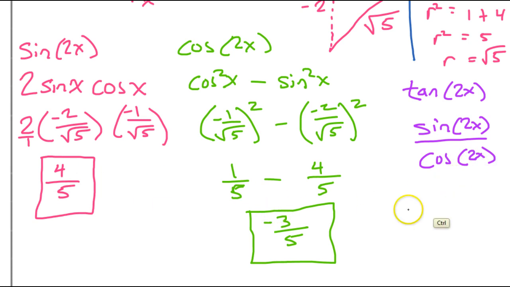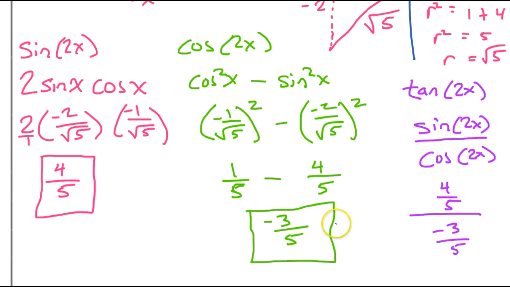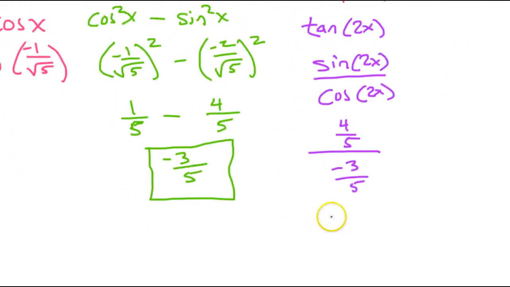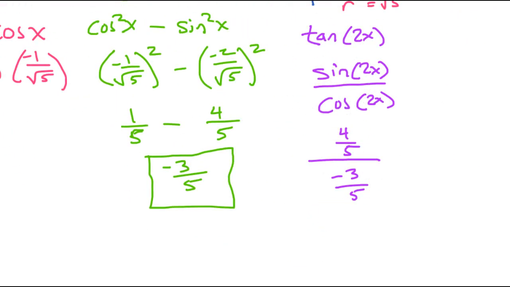So that means 4/5, all right, because that's the sine of 2x, over negative 3/5, because that's the cosine of 2x. Now, just as a very small shortcut, you see how the denominators are both the same?